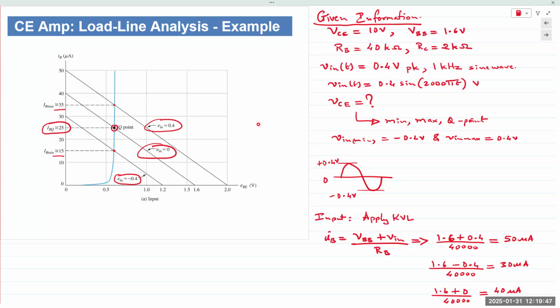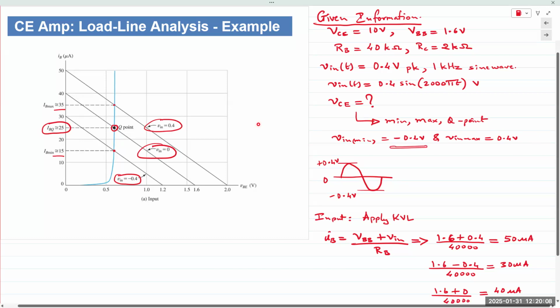VP signifies one single peak. The sinusoidal waveform signifies the positive peak and the value of the negative peak. So our input waveform is swinging between minus 0.4 and plus 0.4. The lowest value of the input is minus 0.4.